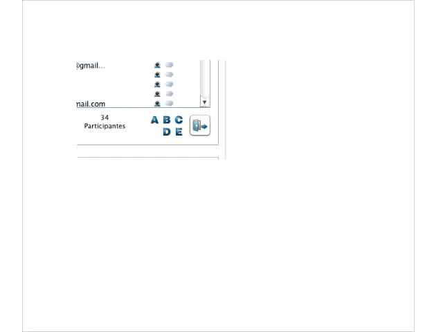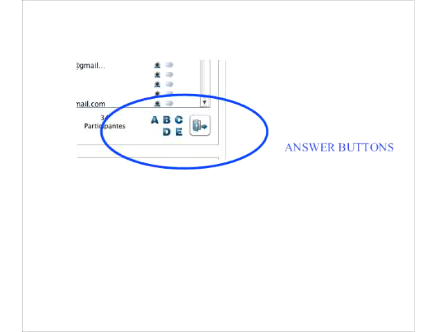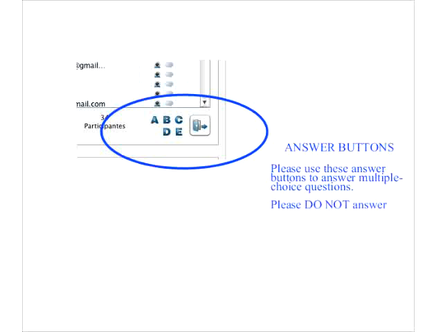It might look a little bit different on your screen, depending. These answer buttons are what you will use to answer all multiple choice questions. Please do not answer questions in the text box.